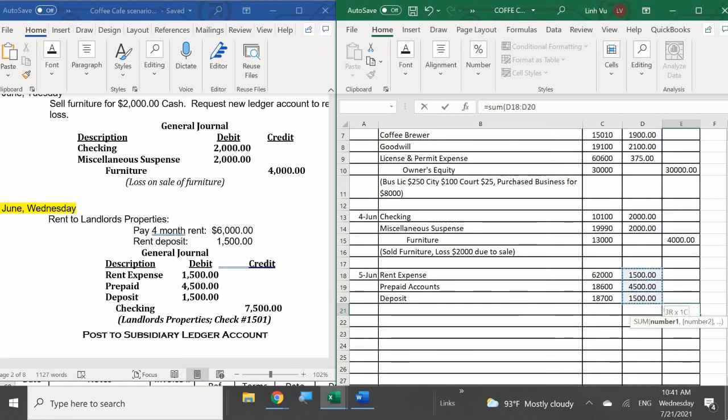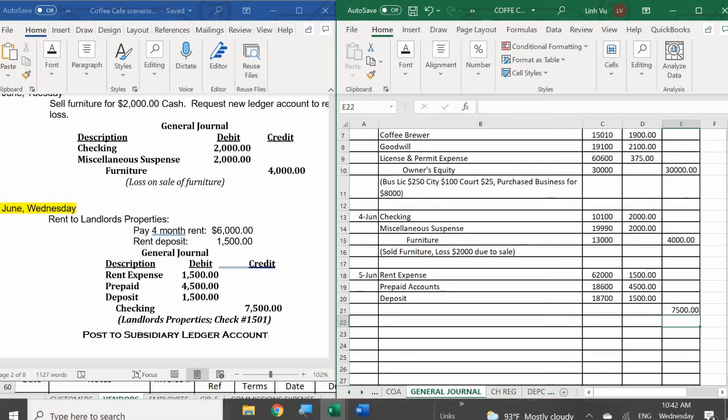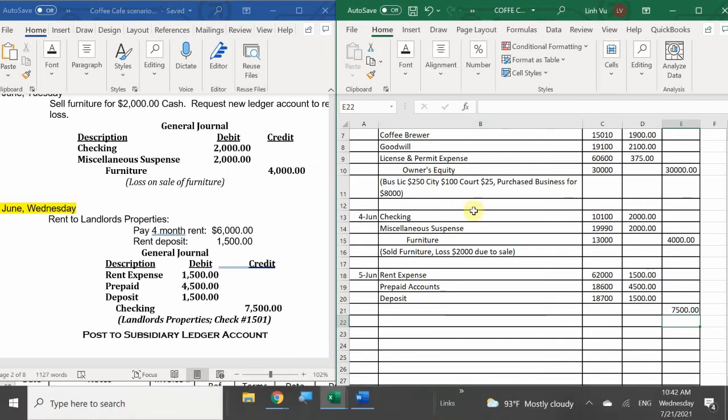And I'm going to add up all my debits here, and I should get a grand total of 7,500, okay? And then last but not least, we wrote a check. So this is going to come directly out from our checking account, okay? So that's my journal here.